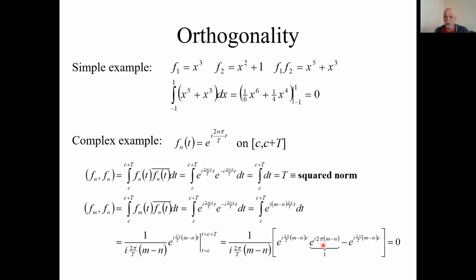That's e to an integer number of 2 pi, which is always 1. And at the other end, at this lower limit, I just get the same thing as the upper limit. The thing evaluates to 0. So any two functions out of this set, no matter what m and n are, as long as m is not equal to n, they're orthogonal. Their inner products are 0.